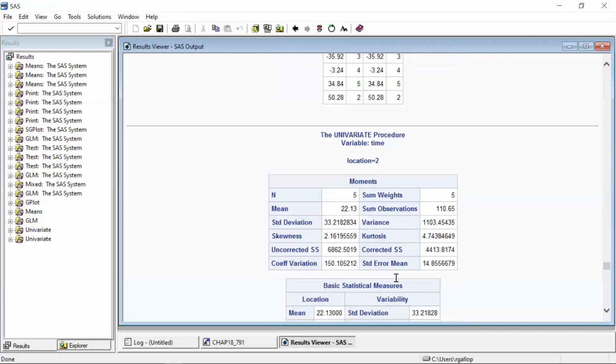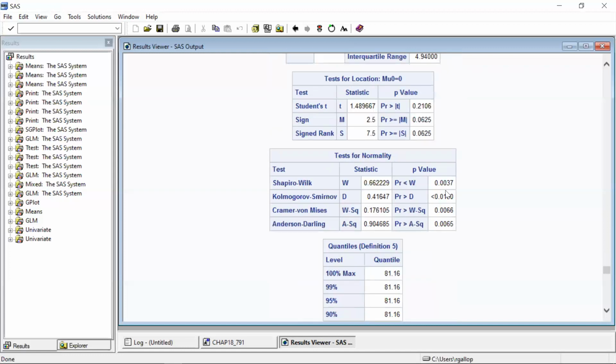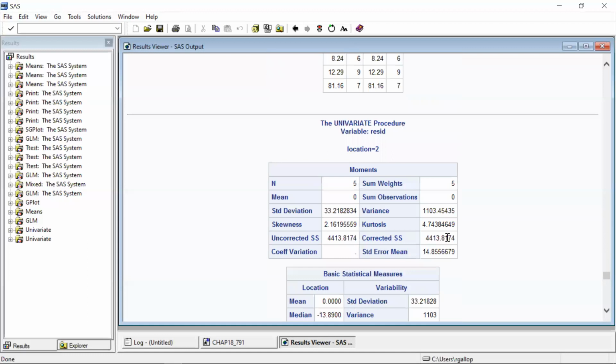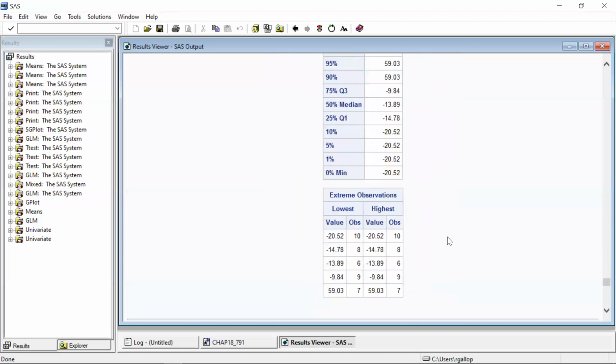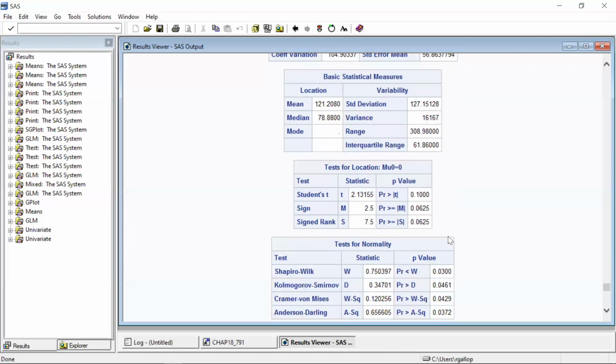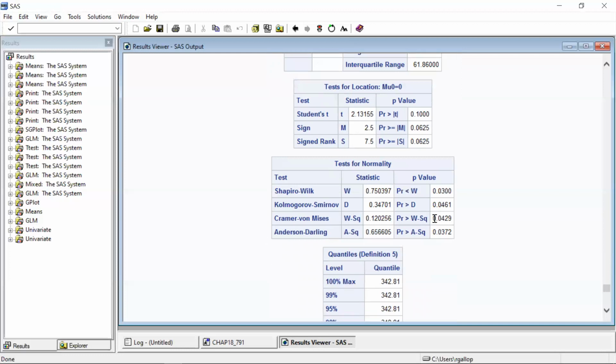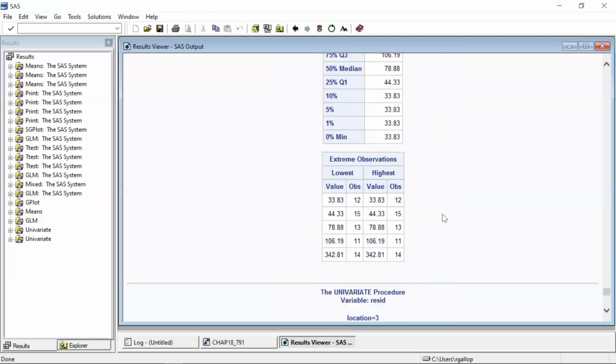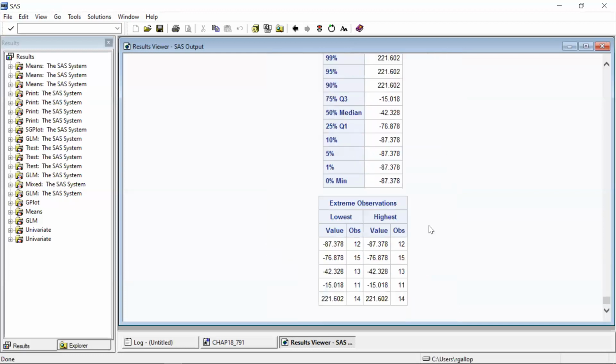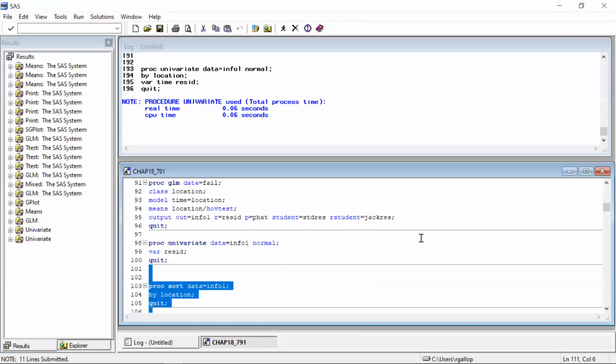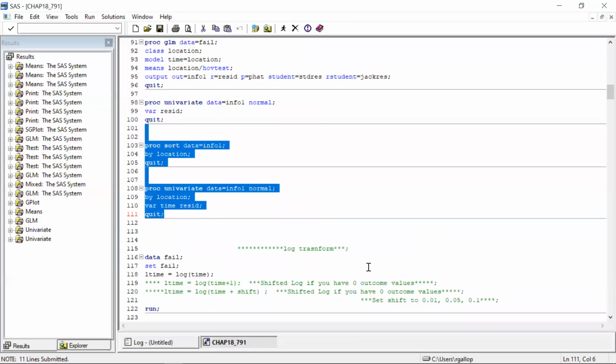As we start looking at the residuals, it's really location 2 where we see the violation of normality is really dramatic. And then when we go to location 3, again, also issues with normality of the residuals. So location 2 and location 3 really show a problem with the residuals.